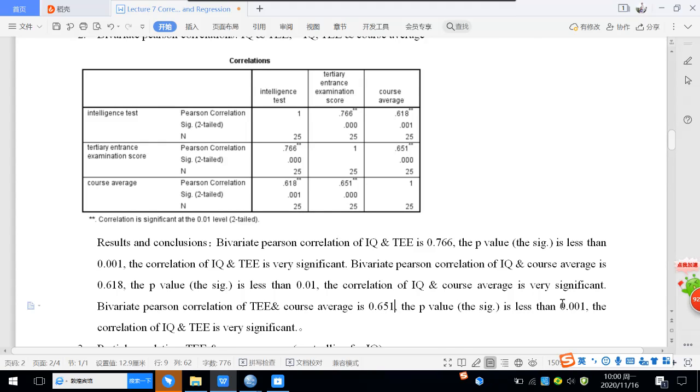Okay, the p-value is less than 0.01, so that means the correlation of TEE and the course average is very significant.